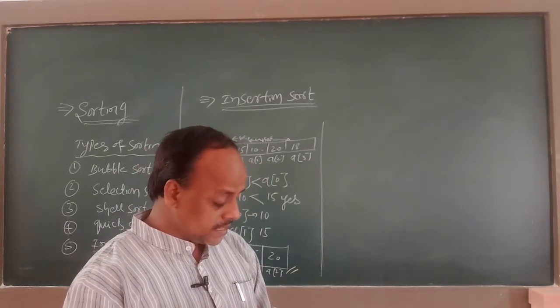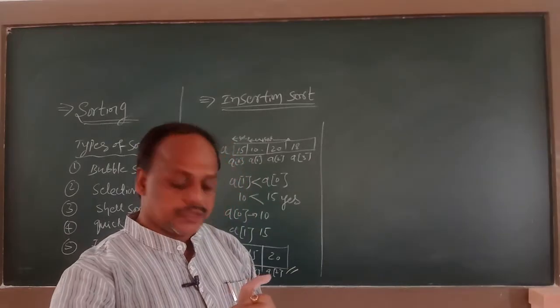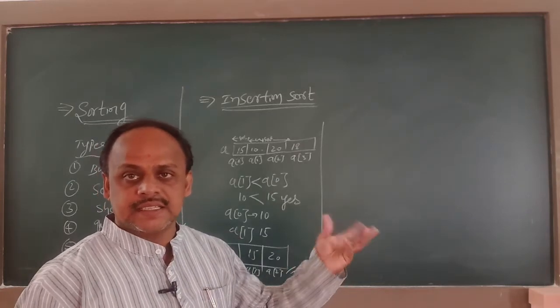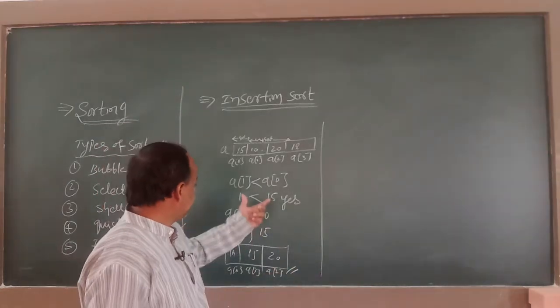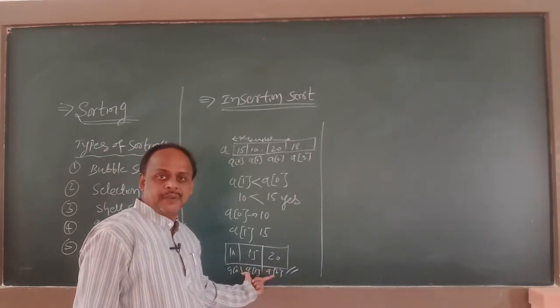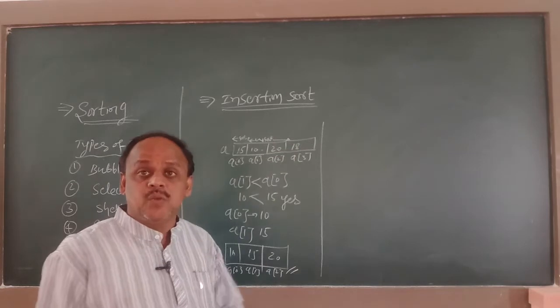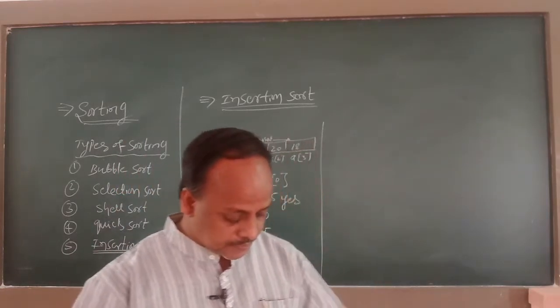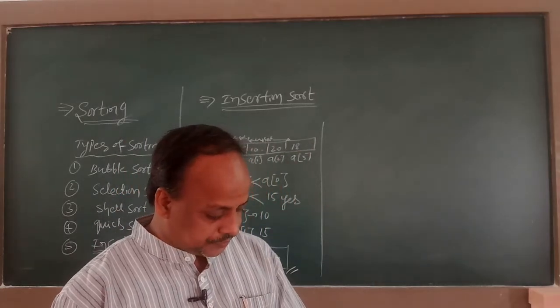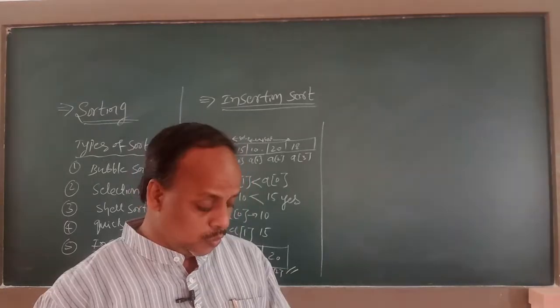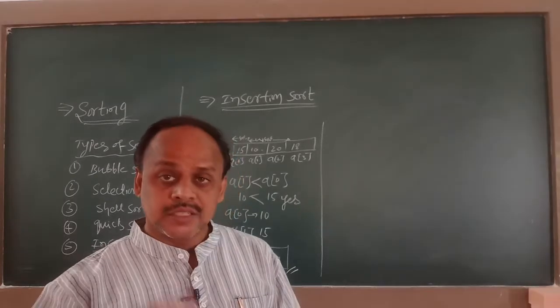So what he says, after interchanging the first and second elements, the array is like this, sorted, and we stop there only. Suppose one more element is there, then what do we do? He says consider the third element, that is A of 2 of the unsorted part.